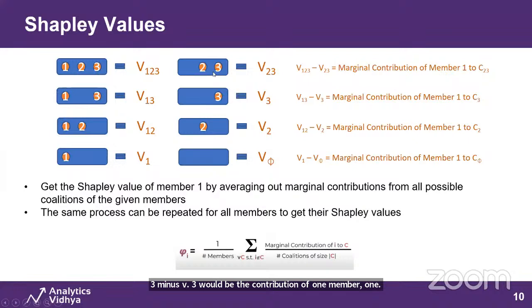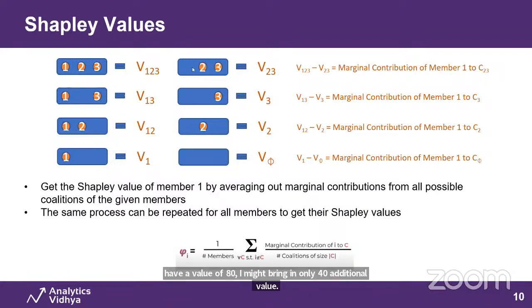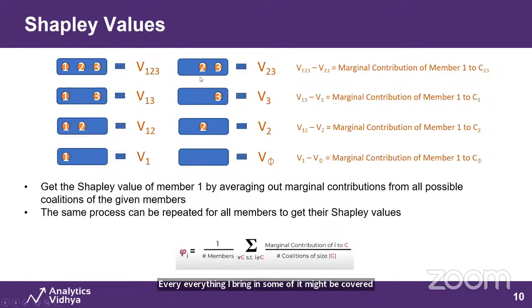These two would not be equal. You might think that the difference here is just the performance of 1, and here the difference is also the performance of 1. That's not the case, because the value of 1 might be different depending on who's already there, right? Somebody who brings in a value of 100 individually, if there are already two people working on it and they all have a value of 80, I might bring in only 40 additional value. Everything I bring in, some of it might be covered by the existing members themselves.